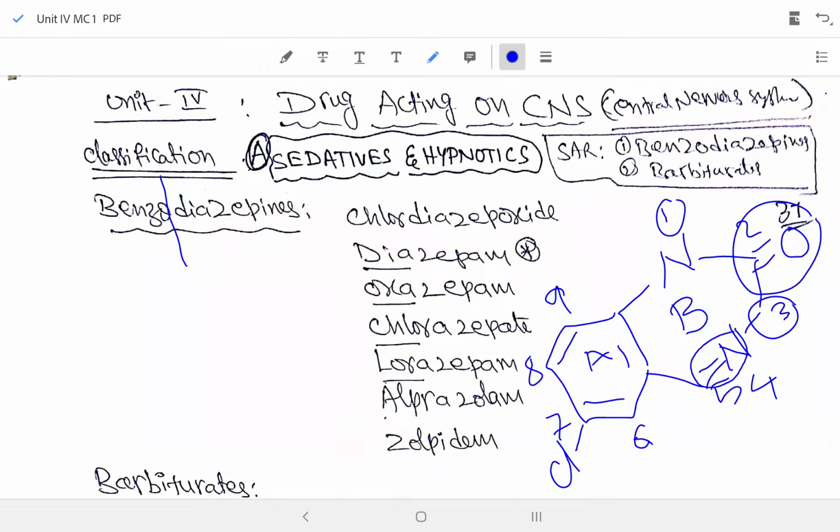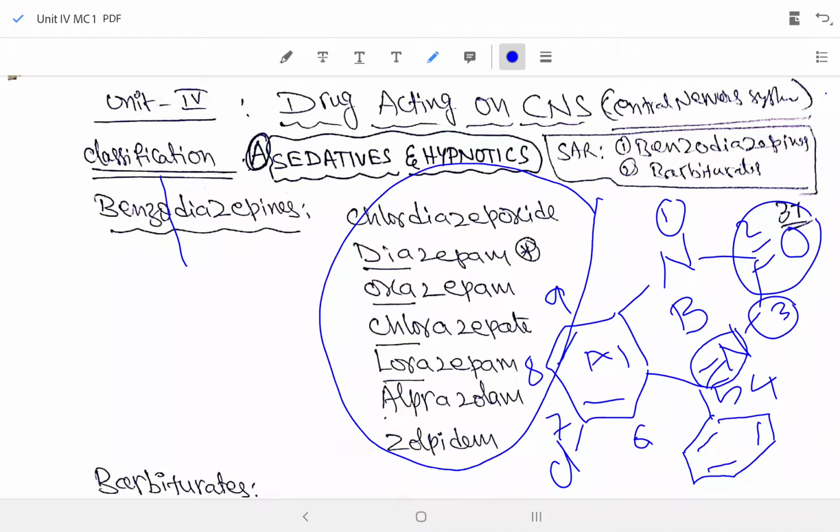If a phenyl ring is attached to this fifth position, it will promote the activity of the drug. And among all the examples we have, every chemical structure will have this phenyl ring attached to fifth position. Zolpidem's structure is somewhat different from other structures.